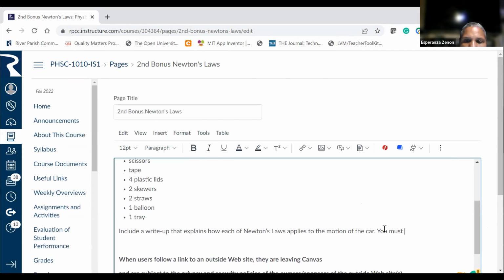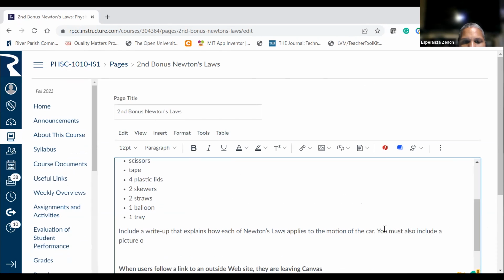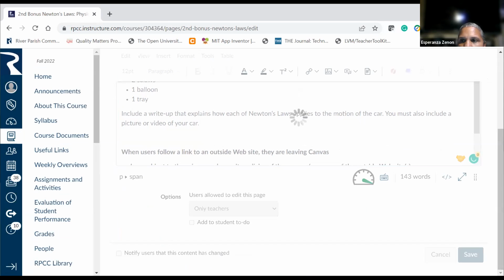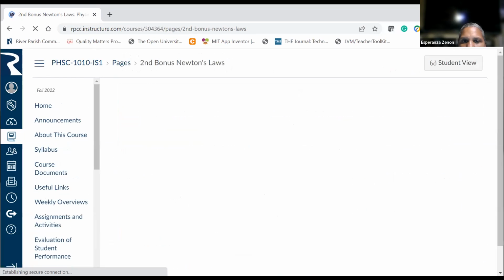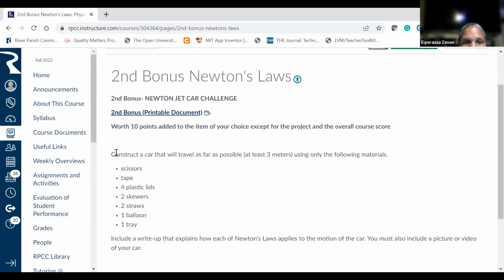So you must also include a picture or video of your car, right? Because how else will I know that you built it if you don't send me some type of picture or video? So again, use these materials, build a car, and you want it to go as far as possible.